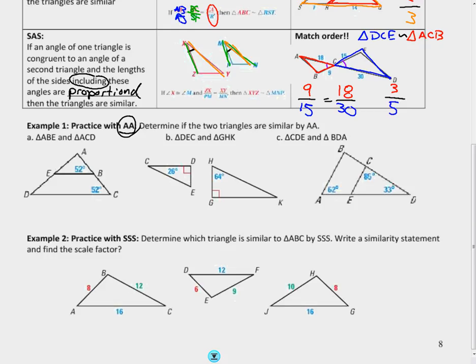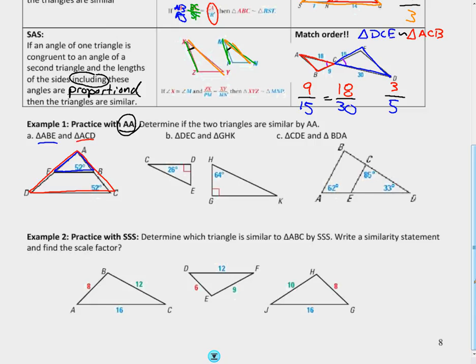Triangle ABE, that's that guy right there. Triangle ACD is the big triangle. I need to find corresponding angles that are congruent. Which 2 angles are congruent to each other? 52 and 52, right?